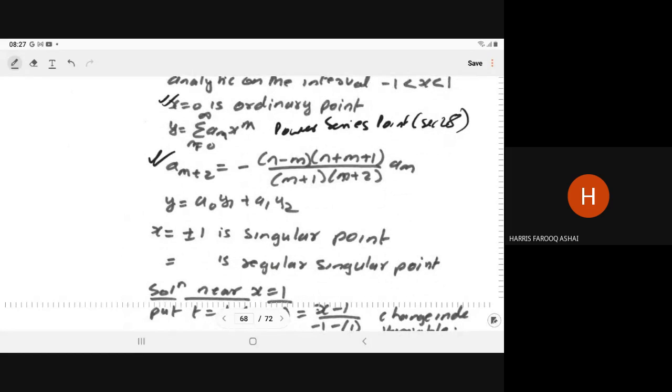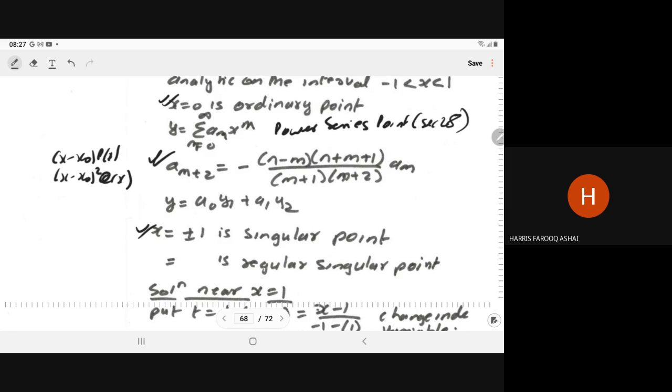Now the problem we have to face is that P(x) and Q(x) are not analytic at x equal to plus minus 1. So here x equal to plus minus 1 are singular points. When it is a singular point, we can check whether (x minus x naught) into P(x) and (x minus x naught) square into Q(x) are analytic or not.